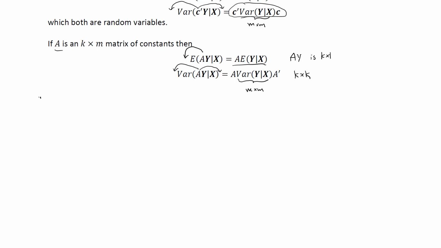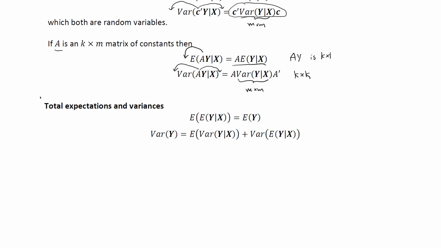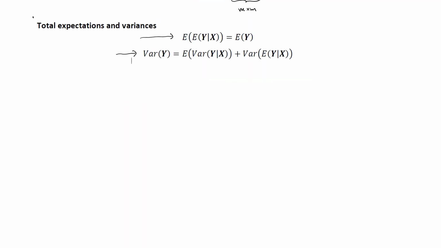Finally, we also had the laws of total expectation and total variance. The first one we also called the law of iterated expectations. These can be extended when we deal with random vectors as well, and the formulas look identical. The law of iterated expectation, or the law of total expectation, the law of total variance. Just to confirm the dimensions here, the expected value of y given x. This is a random vector of dimension m by 1, the same as the dimension of y.